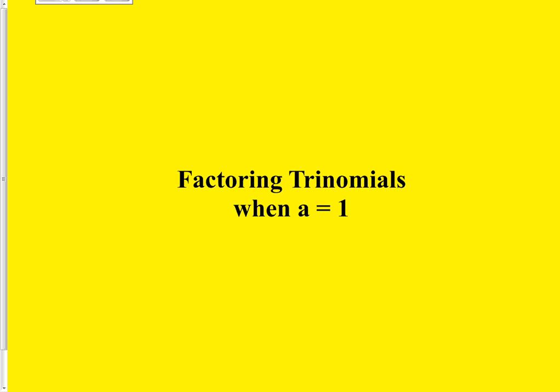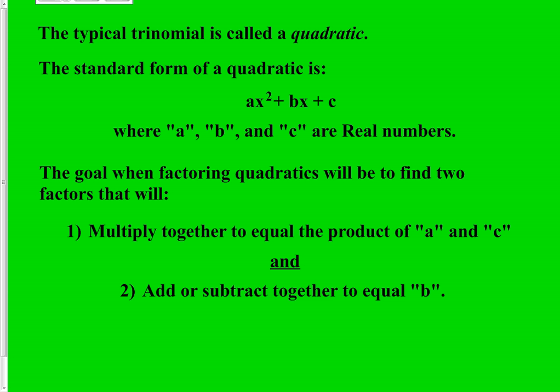Now, when your a term is a positive 1, this is the best case scenario that we can hope for. We want 1x squared plus something to do with x plus some constant. Okay, and the procedure is really very simply this. We want two factors that are going to multiply together to equal whatever a times c is, and at the same time those two factors can add and subtract to equal the b term.